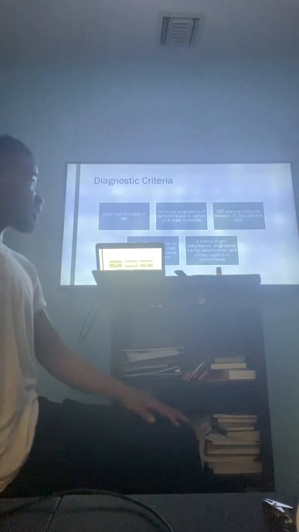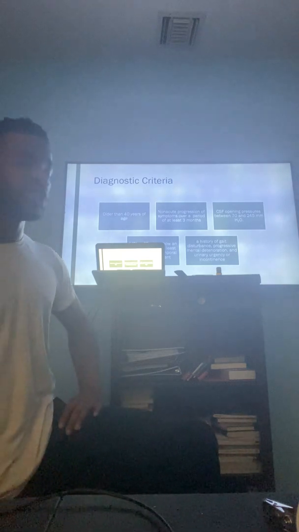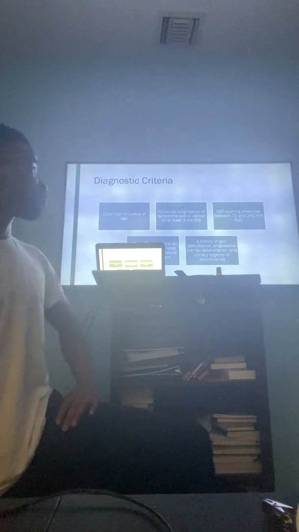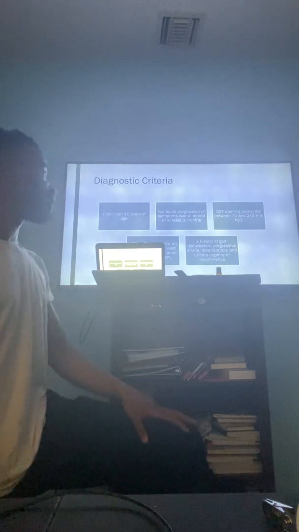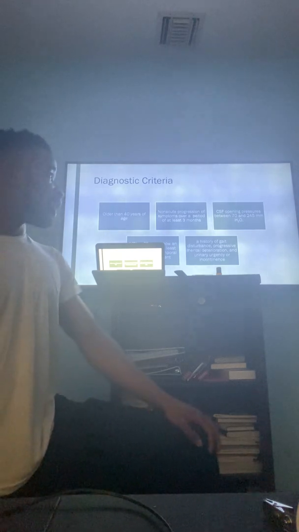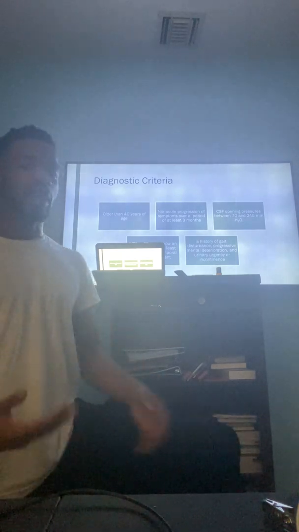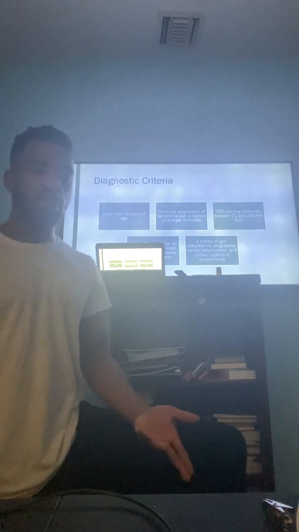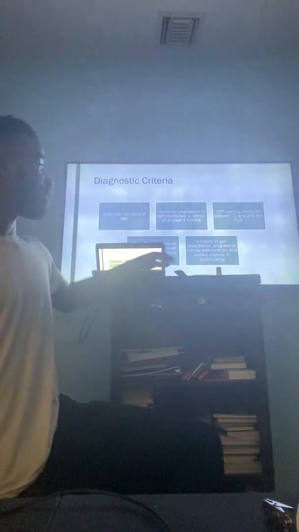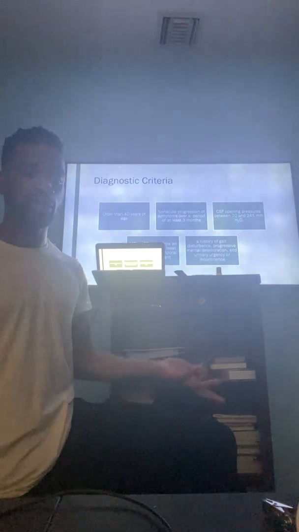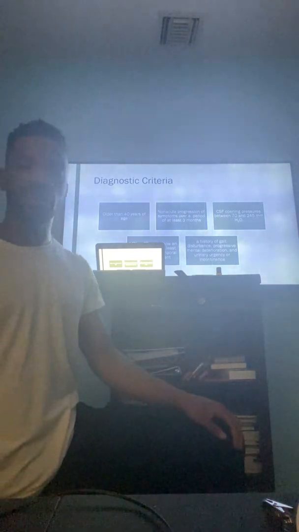MRIs show an Evans index of at least 0.3, and a history of gait disturbances, meaning that you have a history of walking abnormally. And urinary discharge, it's called urinary incontinence.